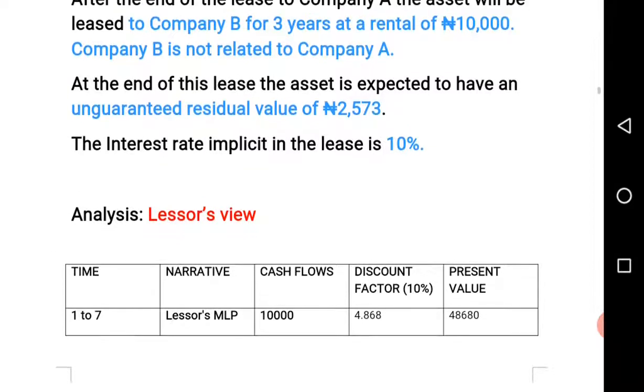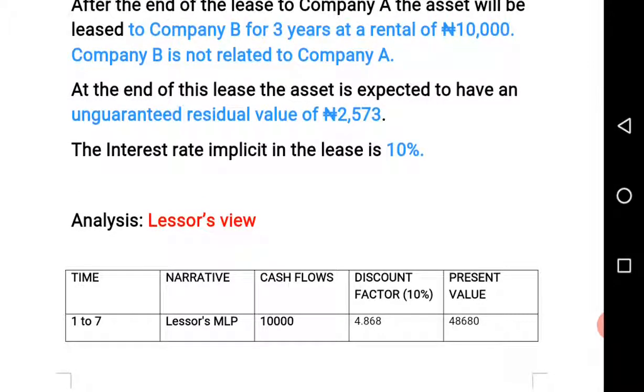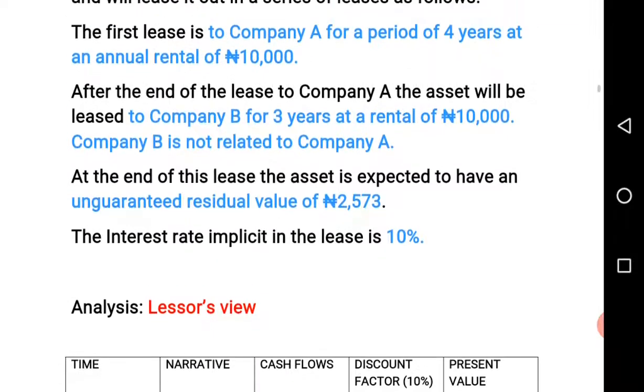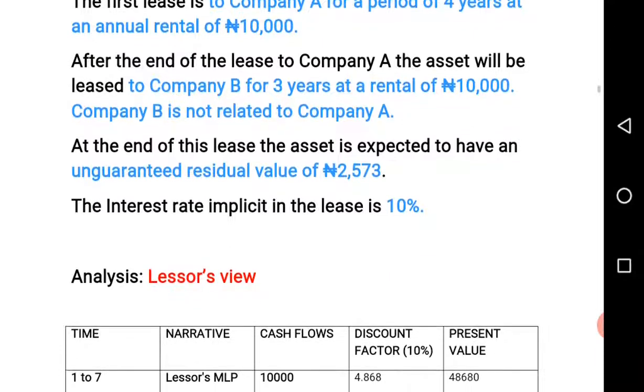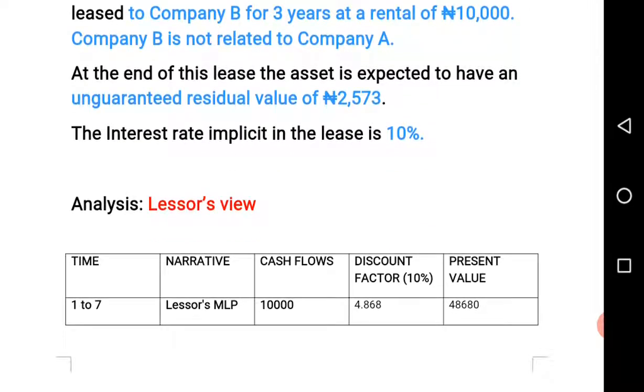Now we are supposed to get both points of view, the lessor's view and the lessee's view. So we'll take the lessor's view first. We have year 1 to year 7. The lessor's view doesn't care how many people; it's the cumulative number. So it has 4 years plus 3 years, that's 7 years, year 1 to year 7. And the cash flow for each year is 10,000 naira.